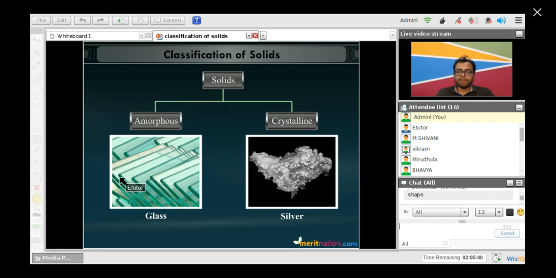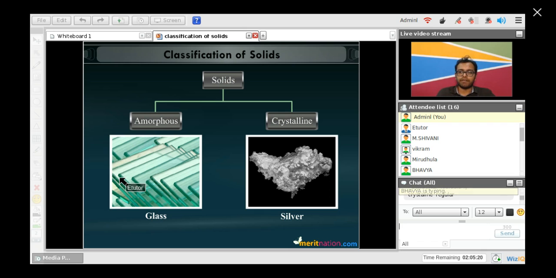So if you have an irregular arrangement of molecules, then what can you say about the physical properties inside the solid state? Crystalline is regular, right? Crystalline has a definite arrangement of molecules, but amorphous does not.